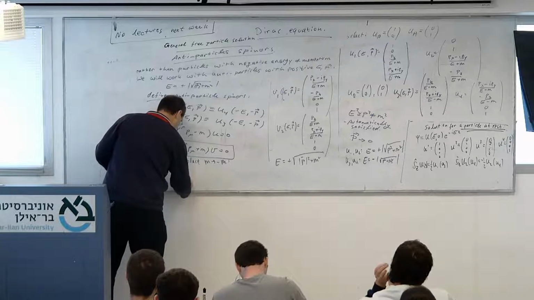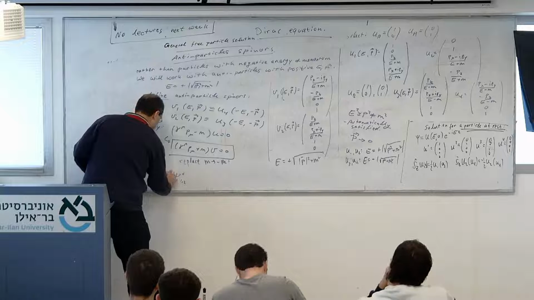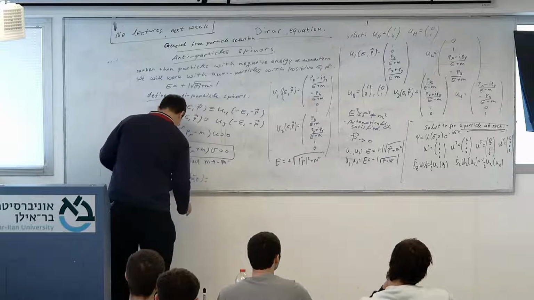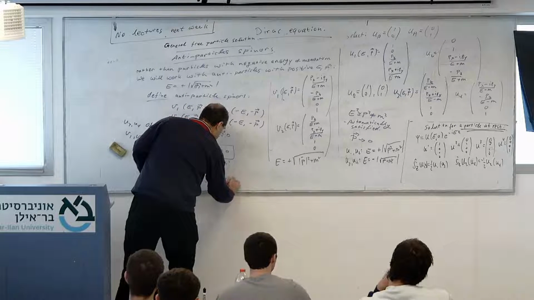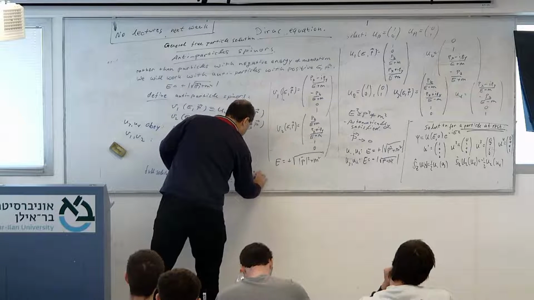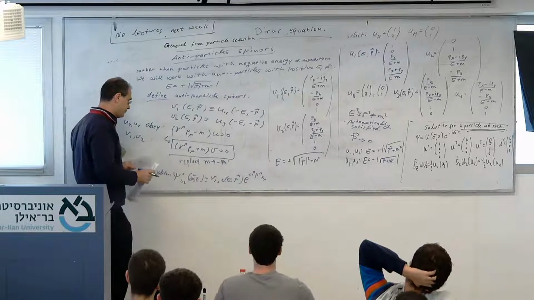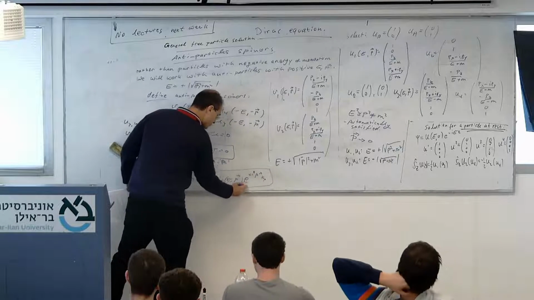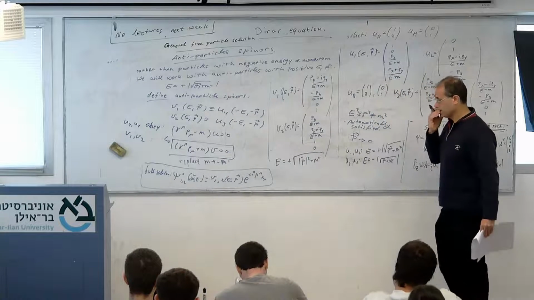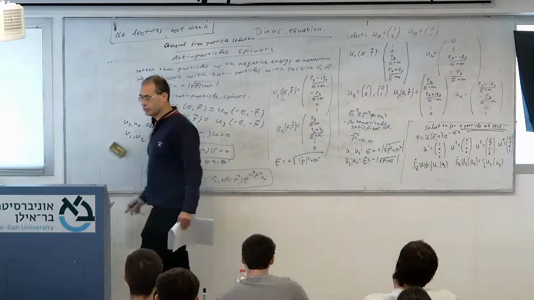Let's say psi c of 1, 2, the full solution, is of x and t is v 1, 2, e and p, e to the plus i p mu x mu. So far, nothing should be alarming.